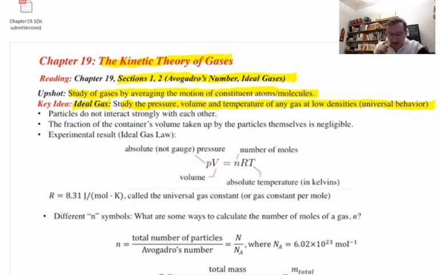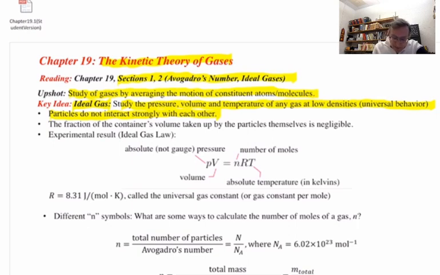So the restrictions to the ideal gas model are this. They follow from the requirement of low density. The particles do not interact strongly with each other. If there's low density, there aren't that many of them in the container. They only rarely get close to each other. But if you pack a huge amount of gas into a container, then they're going to be bouncing off each other all the time. We don't want that.